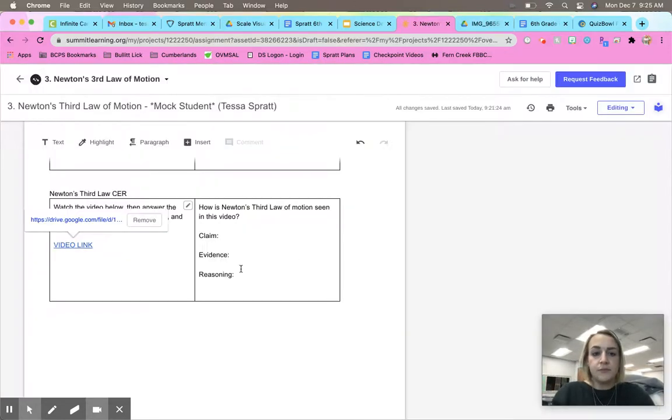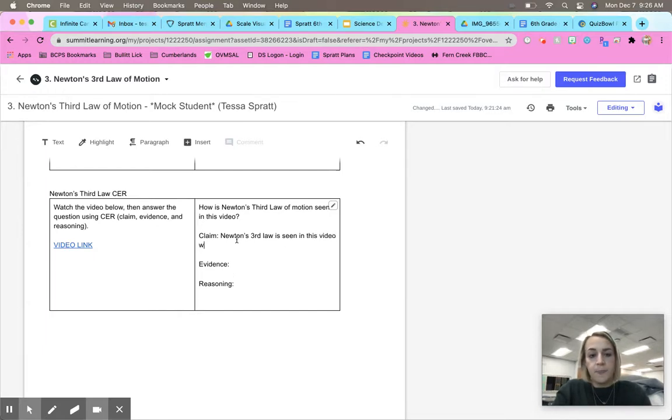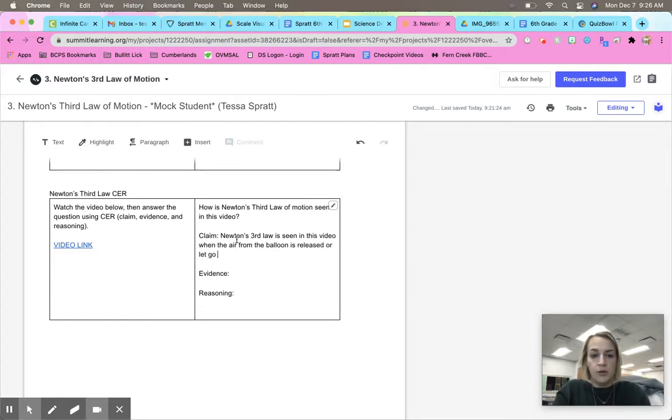All right. So our claim is that Newton's third law is seen in this video when the air from the balloon is released, or let go, causing the straw to move forward. And our evidence is going to be from our video.